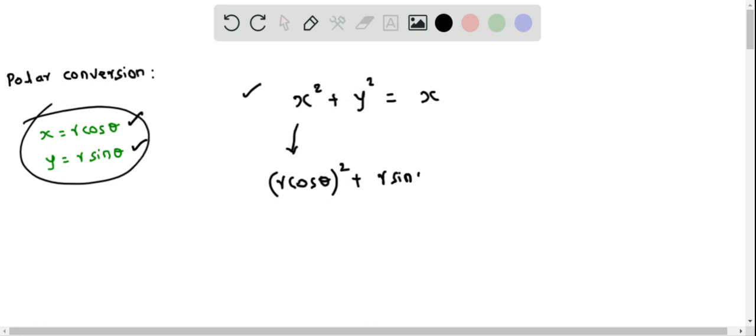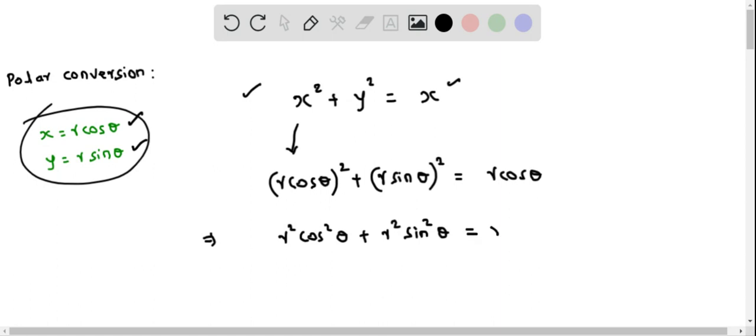So it is (r sine theta) squared, and this equals, here replace x by r cosine theta, so it is r times cosine theta. The square of this is r squared cosine squared theta plus the square of this quantity is r squared sine squared theta, and this equals r cosine theta.